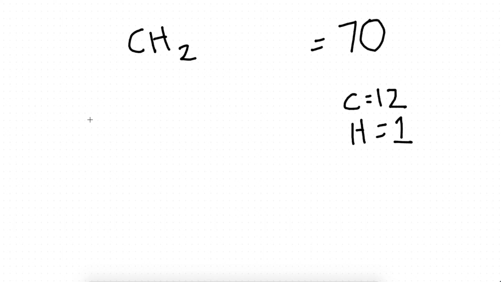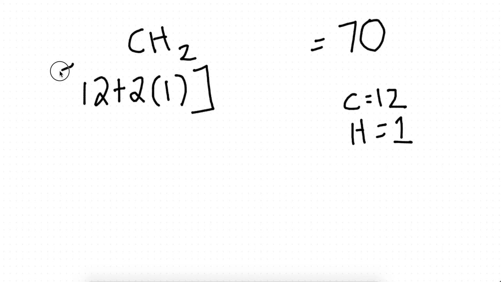So we write down 12 plus a 2, because we have a 2 below the hydrogen. 2 times the atomic mass of hydrogen is 1. All this multiplied by the factor. Remember the factor, guys? Factor, let's call it x, equals to 70.